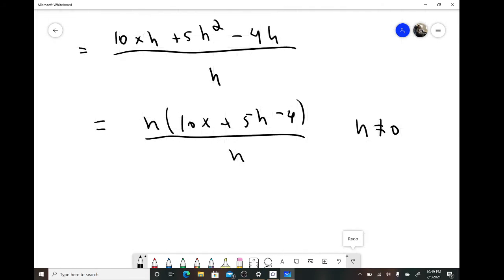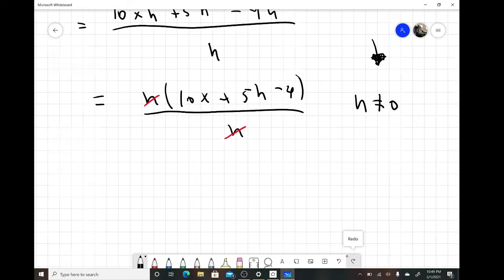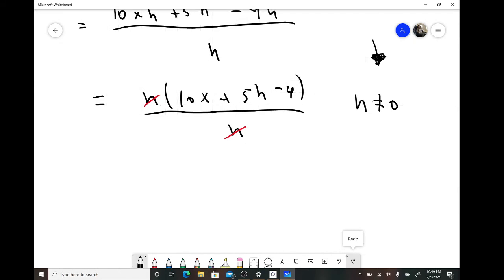You need to say this. If you do not say this in a problem, you will lose points. If h is 0, you cannot do this, because first of all, h cannot even be in the denominator. So you cannot divide by h. Okay, but we have this cancellation and we're left with 10x plus 5h minus 4. And that will be the end of the problem.